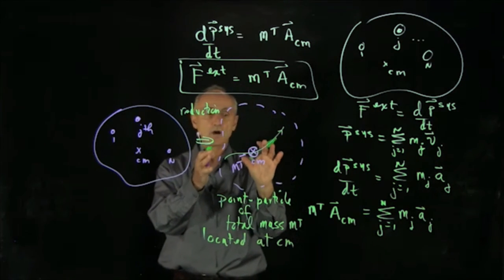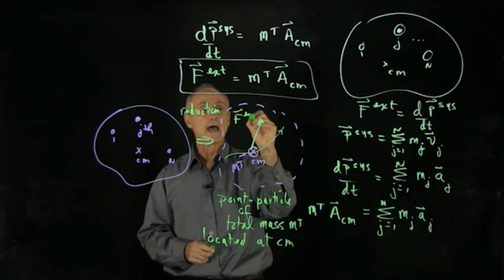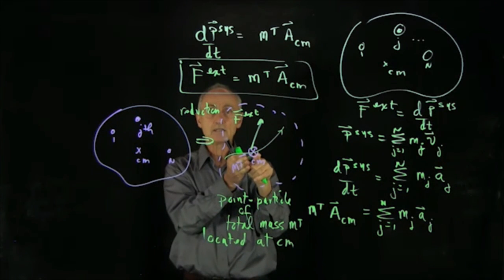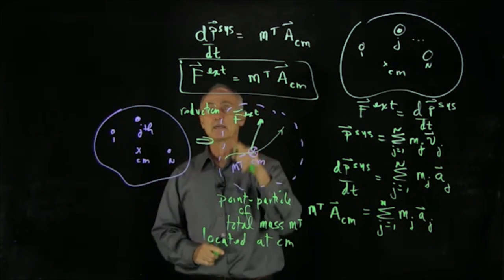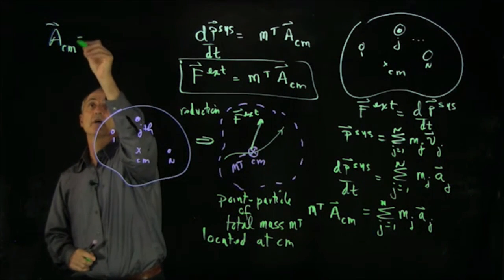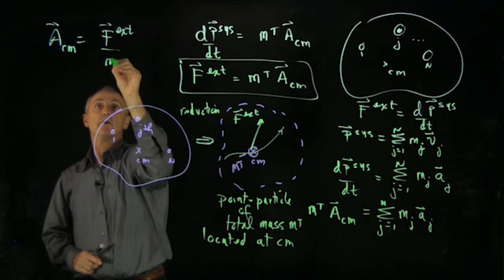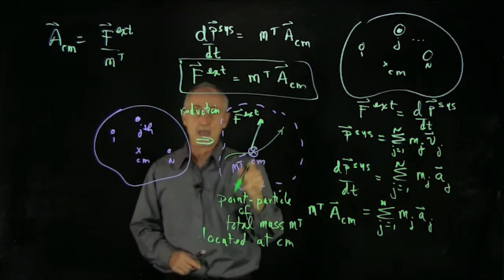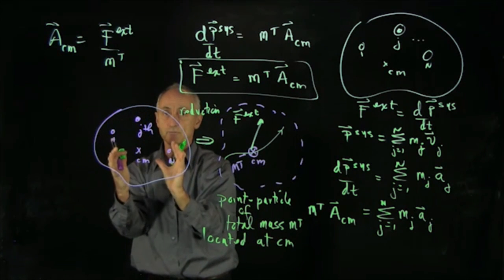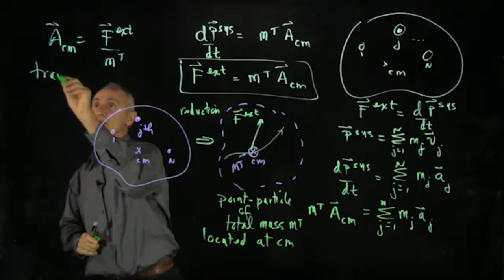And the dynamics of that particle is, if there is an external force acting on this system, we place this external force at the center of mass, and now we can calculate the acceleration of the center of mass as just that external force divided by the total mass. And that's how we can reduce this complicated system of particles to a translational motion of the center of mass.